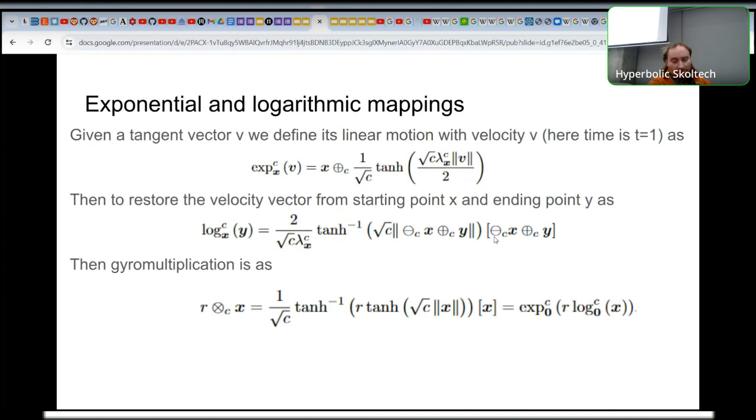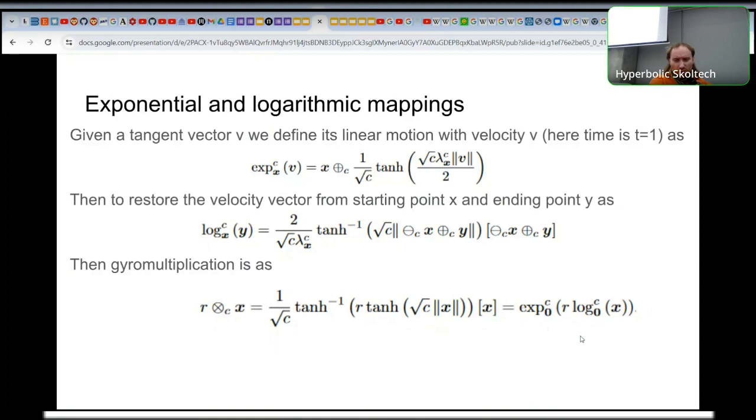Actually, this can be defined as taking the exponential mapping of r times the logarithmic mapping for point x, with zero initial velocity. Okay. Actually, that doesn't make any sense to me. Why?